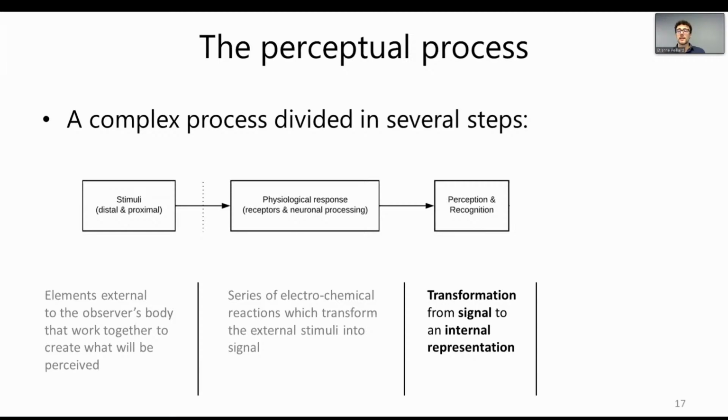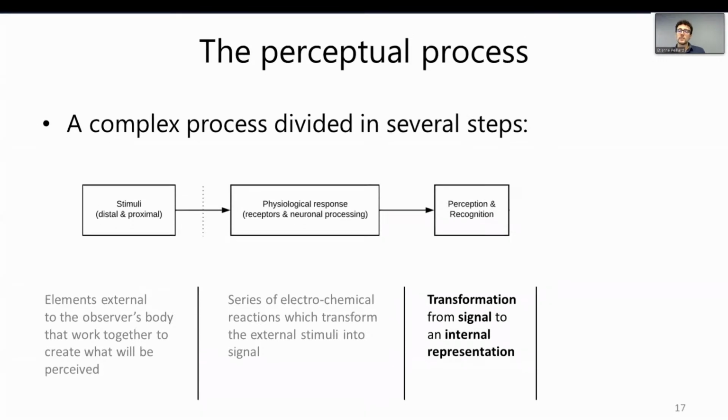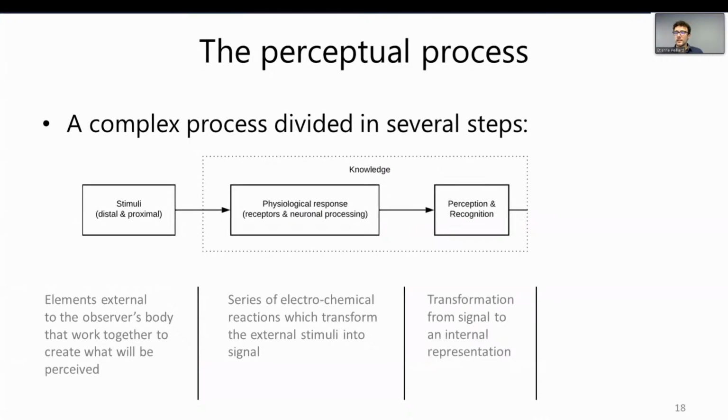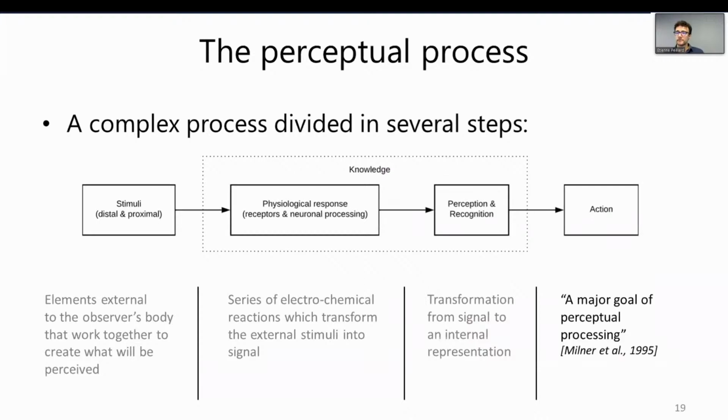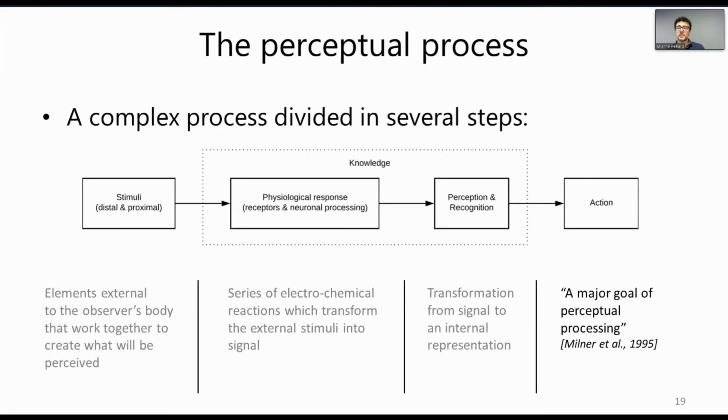This step contains perception, the fact that the observer sees something, and recognition, when the observer realizes what this something is. These two last steps heavily rely on the observer itself. They can be affected by knowledge, repetition, training, or states of mind. Finally, the last step of the perceptual process is action. Action is usually considered as the main goal of the perceptual process.